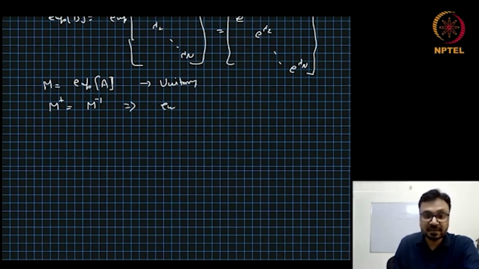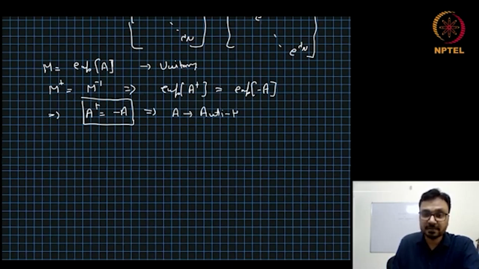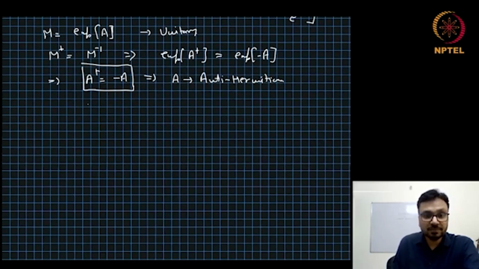M dagger can be written as exponential of A dagger, and M inverse is exponential of minus A. This implies that A dagger has to be minus A. And by definition, A dagger equals minus A implies that A is anti-Hermitian, or A can be written as iH, where H is Hermitian.